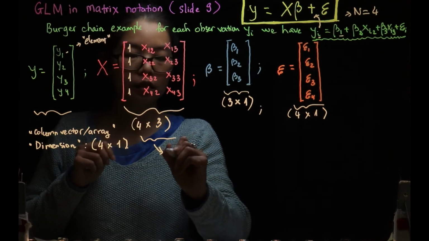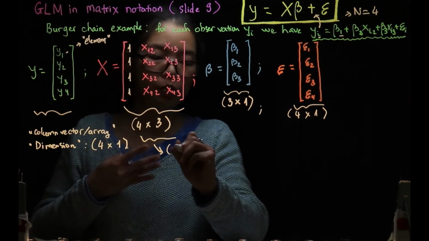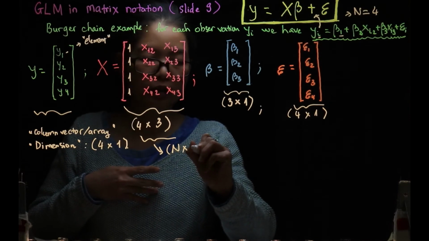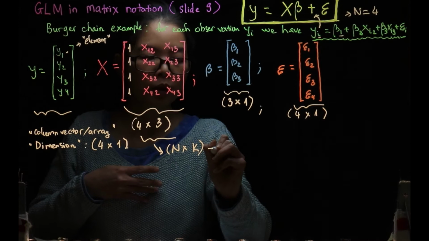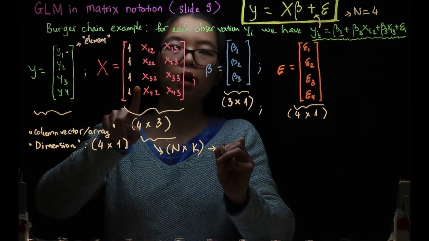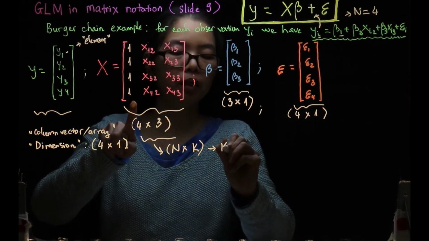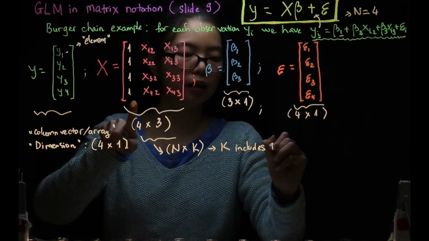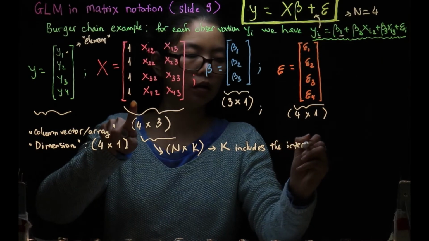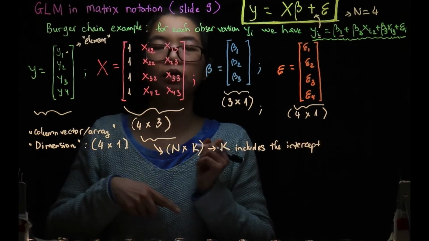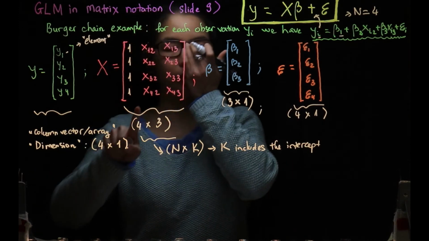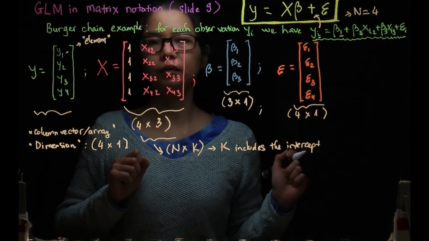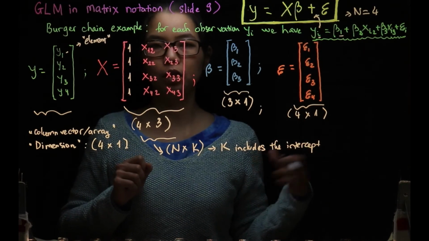Pay attention. In general, when we talk about, for example, OLS or GLM, the dimension of the X matrix is n times k. Because we add this column for the intercept, keep in mind that k already includes the intercept. For example, when you read the textbook, usually with some calculation involving k, you understand that the intercept is also counted inside.